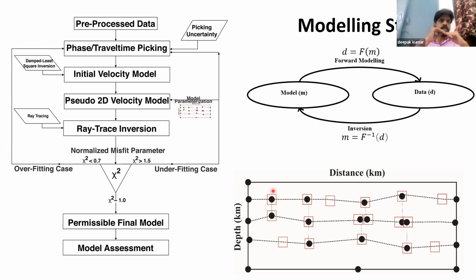What is velocity gradient? Yesterday I talked about different types of velocity in seismic data velocity analysis. Each layer will have a certain velocity at the top and a certain velocity at the bottom. The variation of the velocity from top to bottom is called the velocity gradient. So I have 3 unknown parameters: depth, velocity gradient, and velocity.